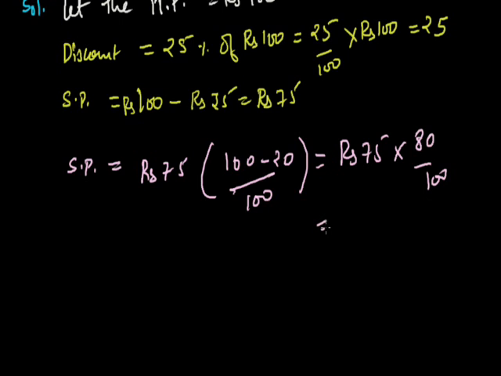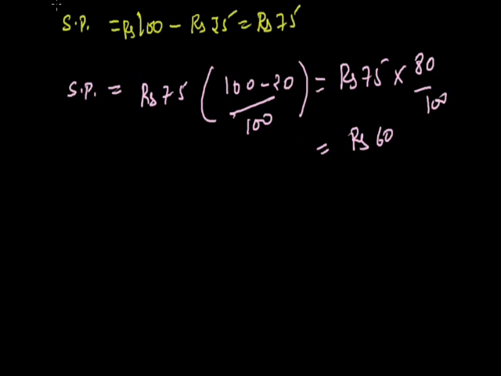So it will be equal to rupees 60. Now I have calculated it directly here, or we can do it by this method also: first we will calculate 20% of rupees 75, then we will subtract that amount from 75. Instead of doing that, I have directly calculated the selling price with the help of the formula.